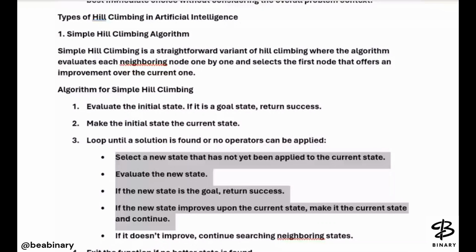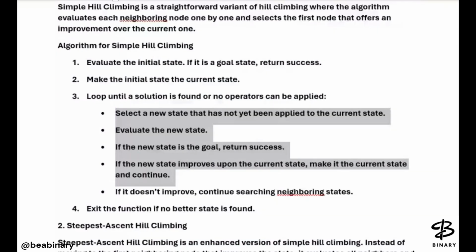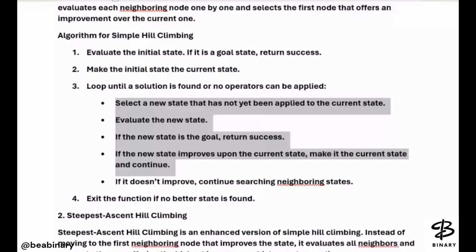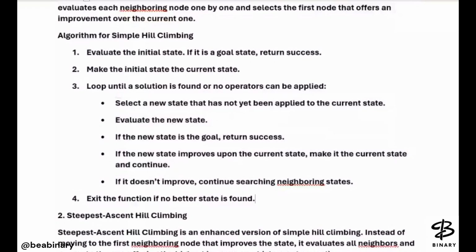If it doesn't improve, continue searching neighboring states. Exit the function if no better state is found. Simply, it exits if no better state has been found, because whatever initial state we are considering, whatever state we have just selected, is considered the best possible solution.